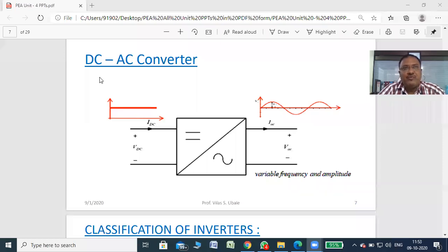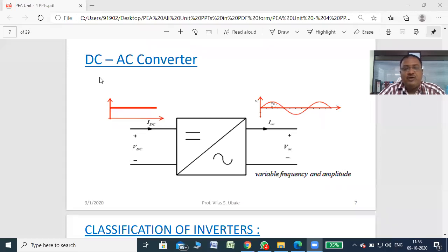So any type of converter you can use to convert AC into DC. For high power applications, you use three phase converters. So a three phase AC to DC converter, and after some filter circuits, we get a pure DC or close to pure DC, and that DC you can use as an input to the inverter.